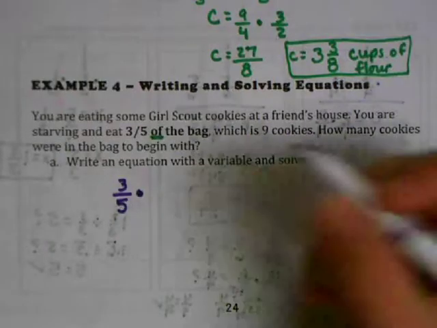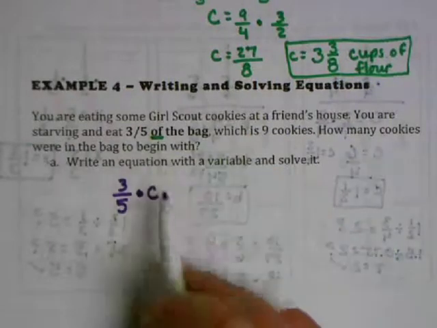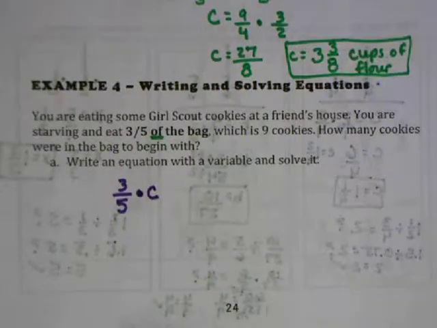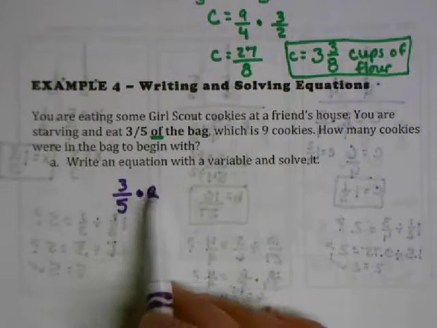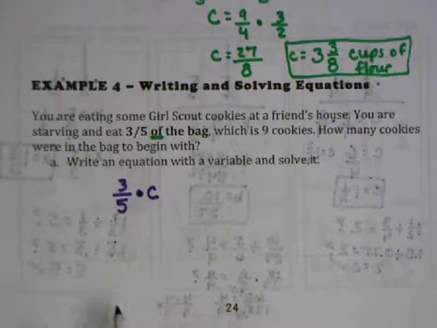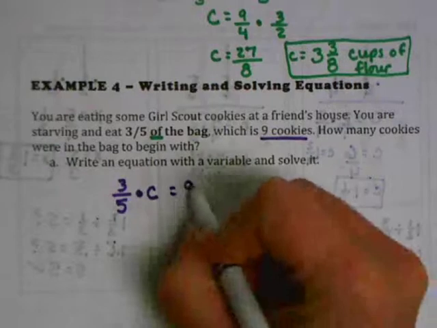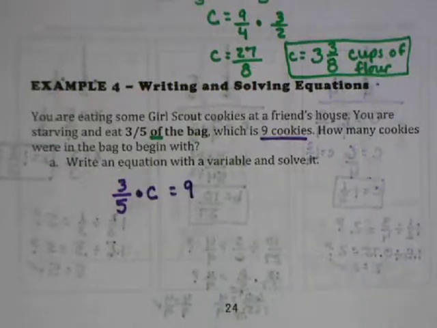So what do you want to use? C again for cookies? I guess we probably should say the box of Girl Scout cookies, right? Most of them come in boxes. So 3/5 of that box of cookies, C. How much was 3/5 of the box? That equaled what? The 9 that you ate. Is that what you got for an equation?